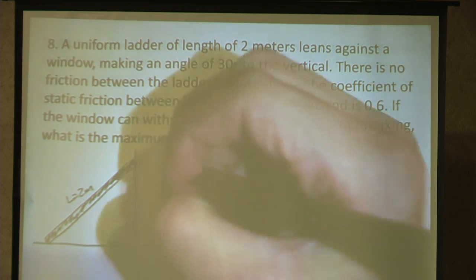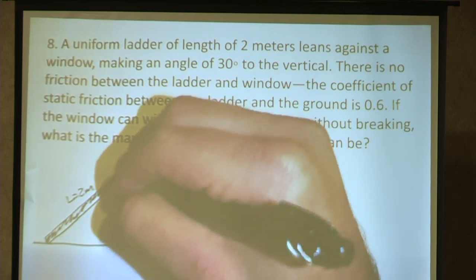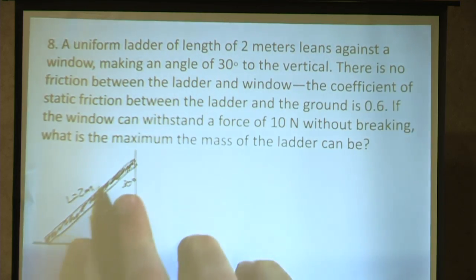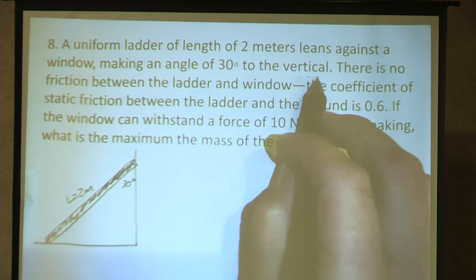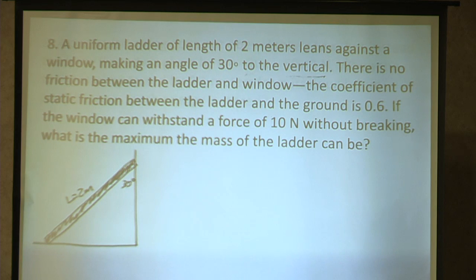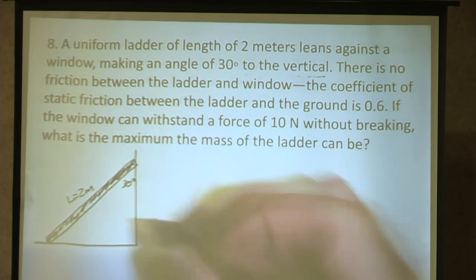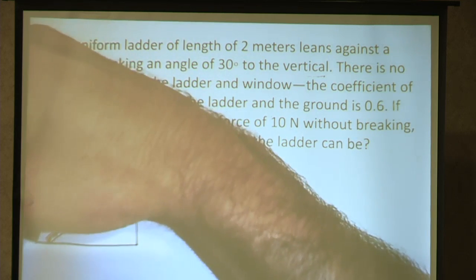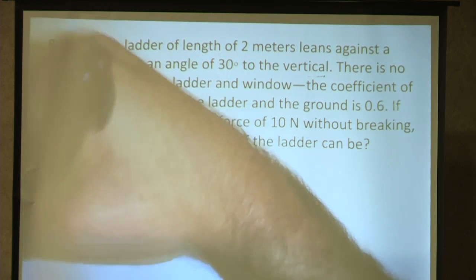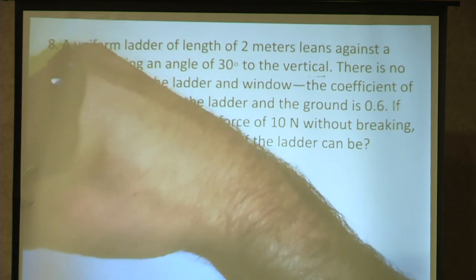That's a key phrase, to the vertical. So this is what's going to be 30 degrees. There is no friction between the ladder and the window. The coefficient of static friction between the ladder and the ground is 0.6. So I'm going to rough this up a little bit, and I'll call mu s to be 0.6.